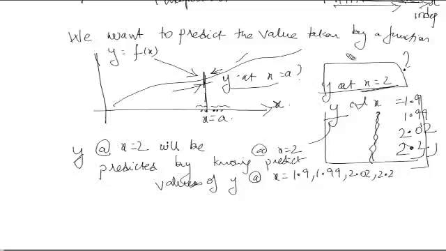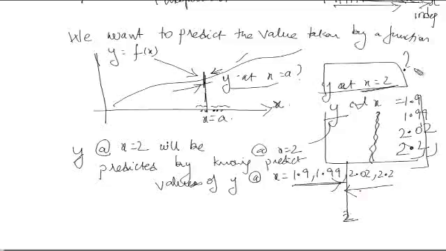Now observe, I have very cleverly chosen these values. In this, 1.9 and 1.99, 2 is somewhere here. I am traveling towards 2 in one direction, whereas here I am traveling towards 2 in this direction.